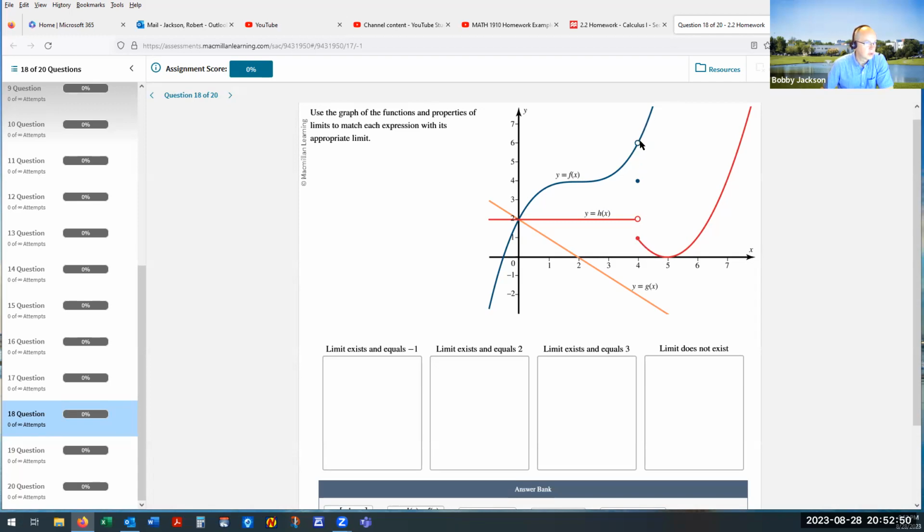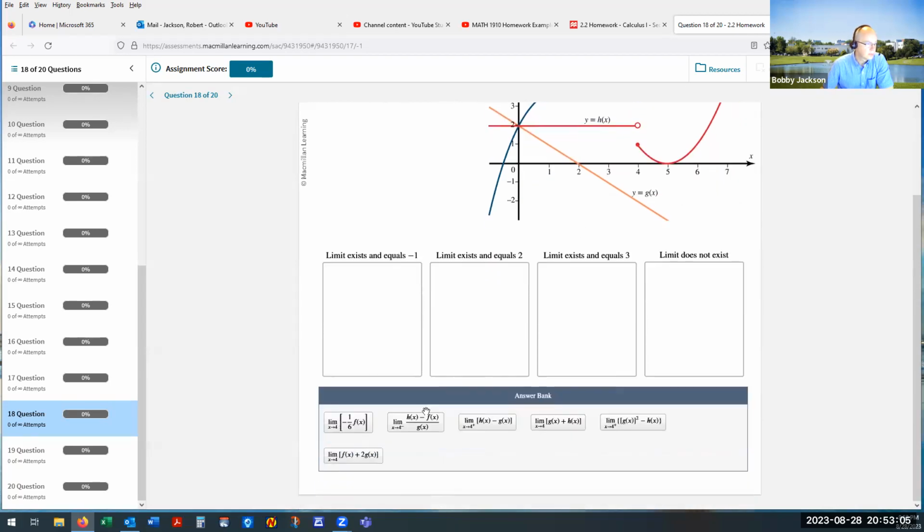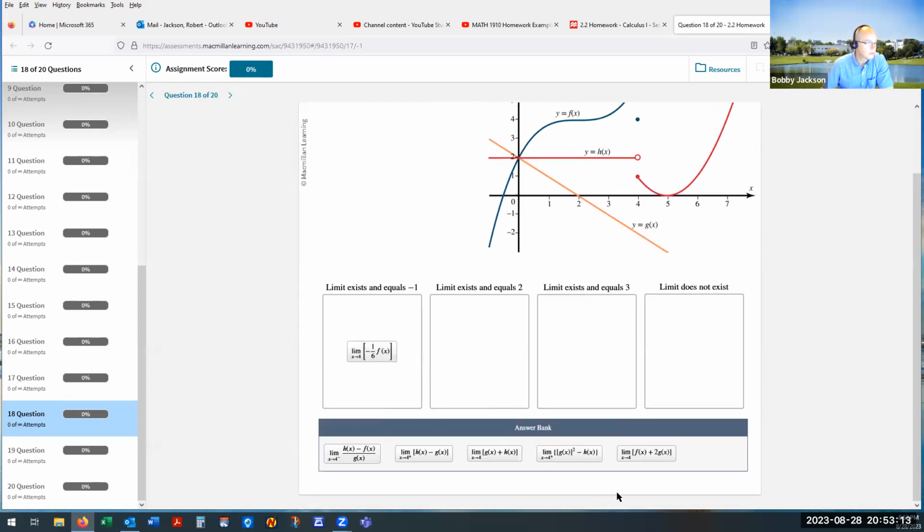Again, we're approaching the coordinates of this hole. So again, the limit from the left and the limit from the right are both equal to 6. Therefore, the limit is 6. So even though the value of the function is down here at 4, the value of the limit is 6. So the limit as x approaches 4 of f of x is 6. 6 times -1/6 is -1. So it goes in that area.